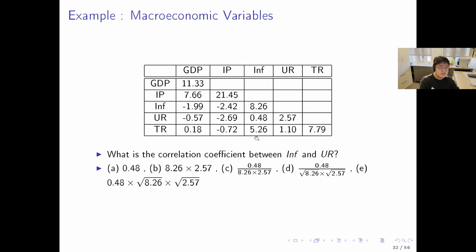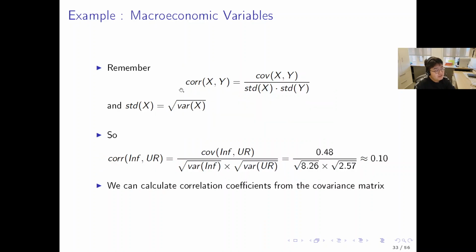I skipped this: you can actually calculate the correlation coefficient using the covariance and the variances, because the square root of the variance is the standard deviation. Use that to standardize the covariance, and you can use this formula, right?